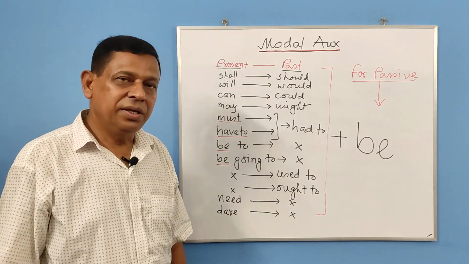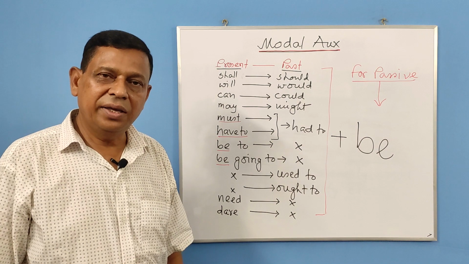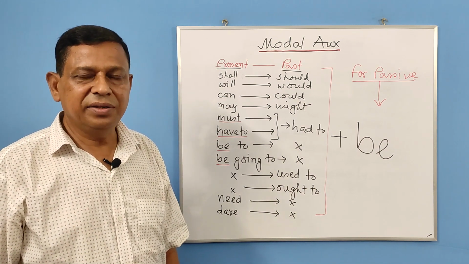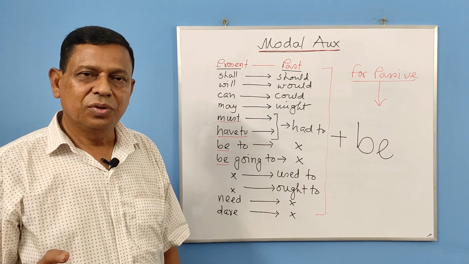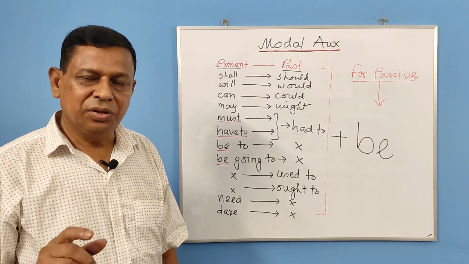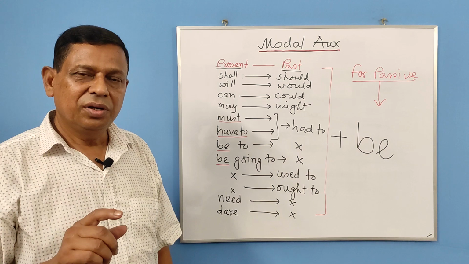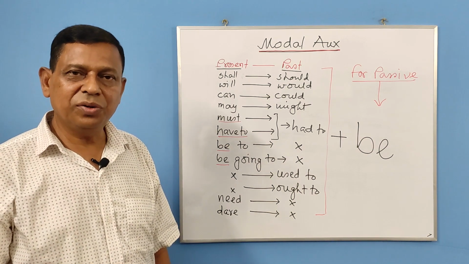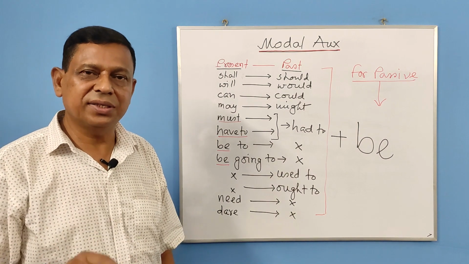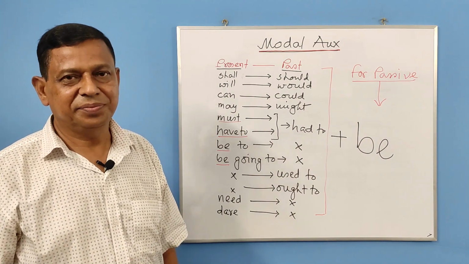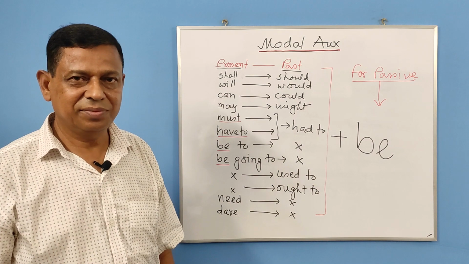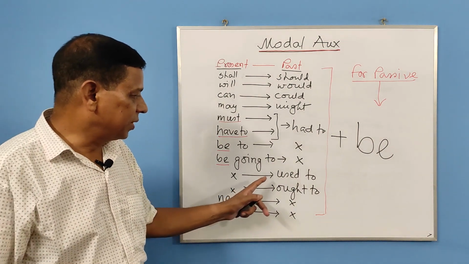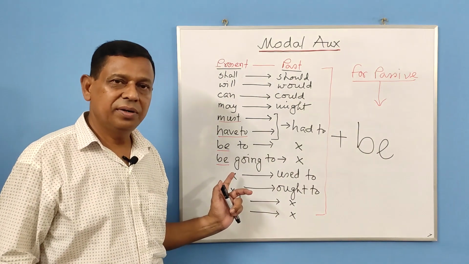Jisan is using ought to: I ought to love my country. Romeo loves his country more than Jisan. Have you understood? Okay, next, but these are not used in present form.